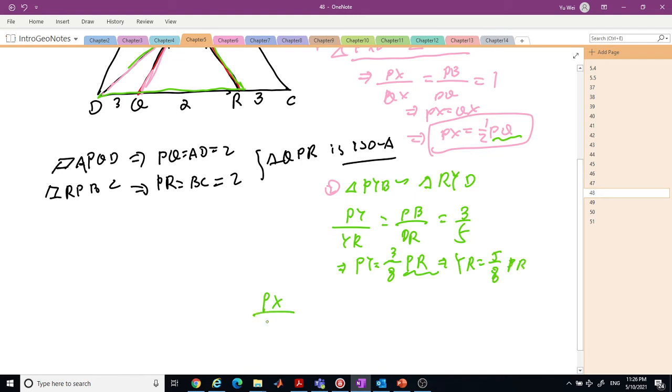So PX over YR is equal to 1/2 over 5/8, right? And PQ and PR are the same, right? We already proved it.